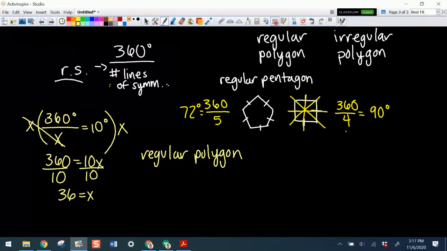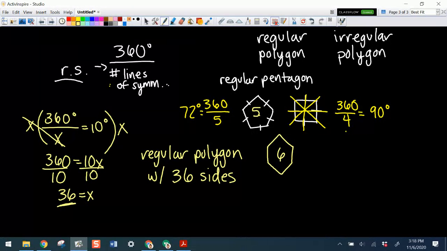If this regular pentagon had 5 lines of symmetry, and a regular hexagon, let me see if I can draw a regular hexagon, has 6 lines of symmetry, 6 sides, 6 angles, then a regular polygon with 36 lines of symmetry is a regular polygon with 36 sides.